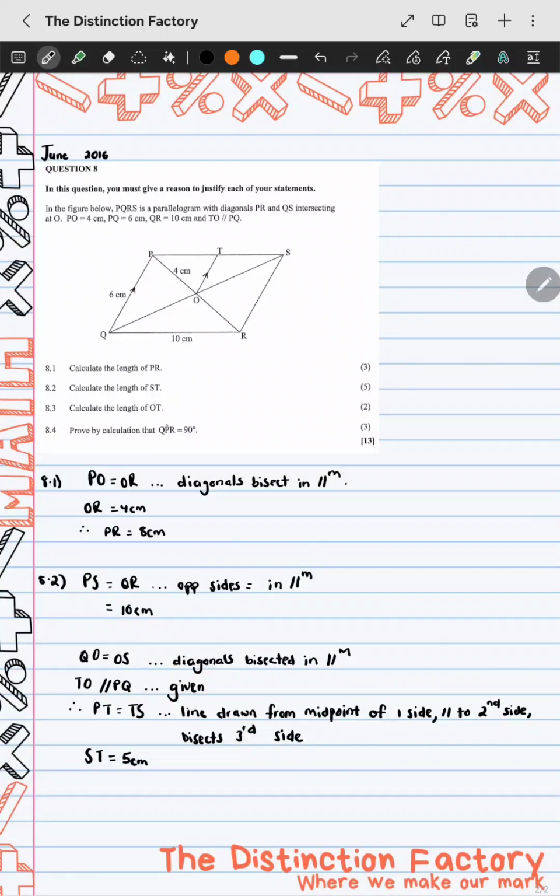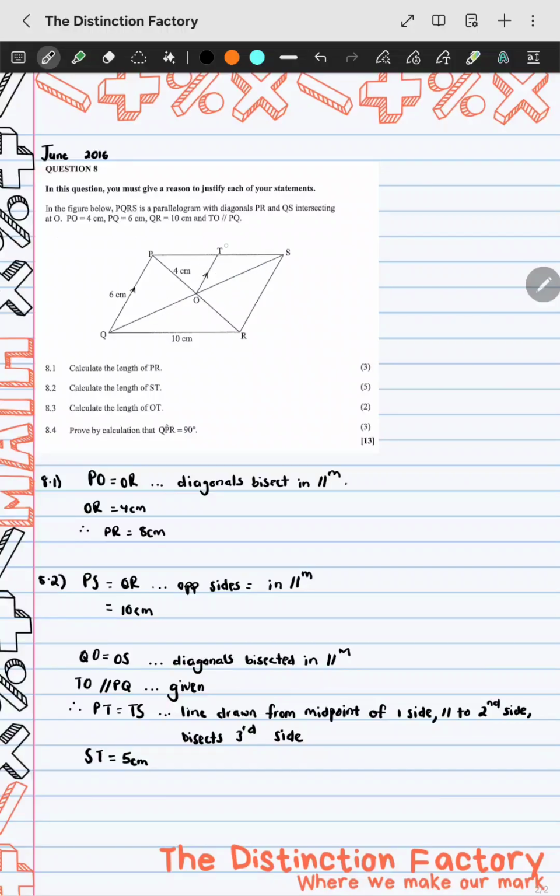All right, cool. Then we can work through question 8.3, which says calculate the length of OT. For this, we're also going to use the normal midpoint theorem, which will then be that PT is equal to TS, as we have just proven to them. And we also know that QO is equal in length to OS.